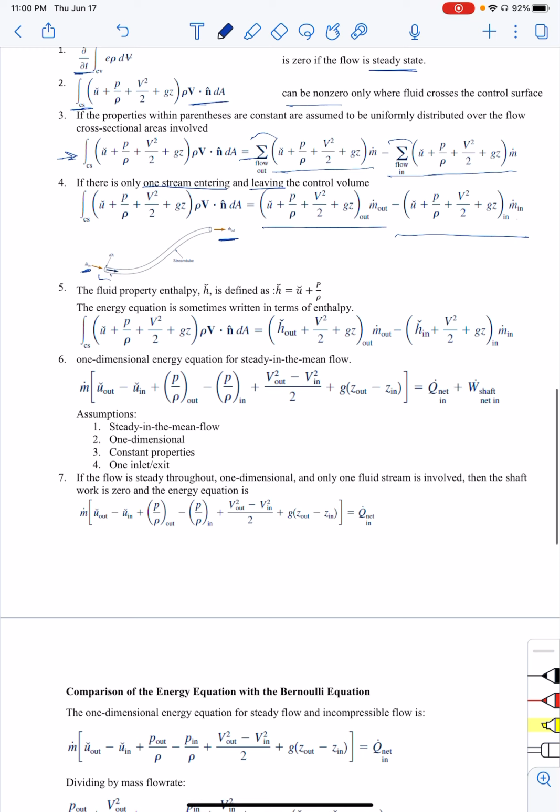And then let's go to number 5. This enthalpy is just a definition, which is h equal to u plus p over rho, right? And this is associated with the energy as fluid crosses a control surface.